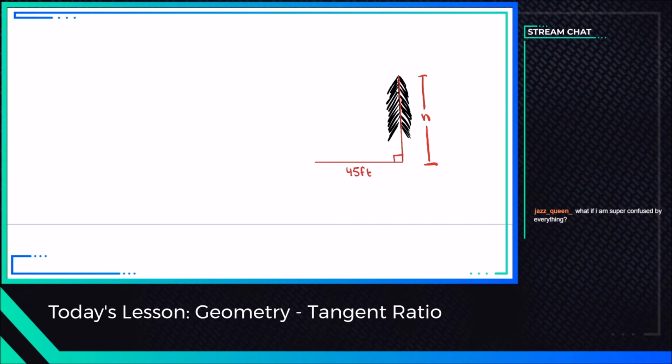The tree's on the ground, we're on the ground, ground is flat. And we're looking up at this tree at a 59-degree angle. We want to find the height of the tree in this example.